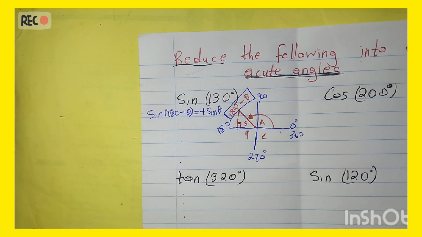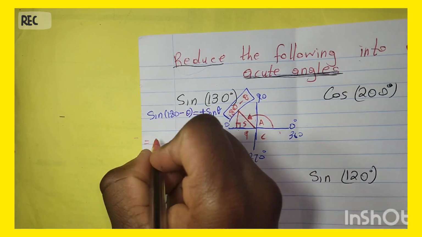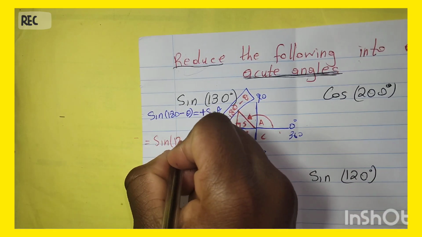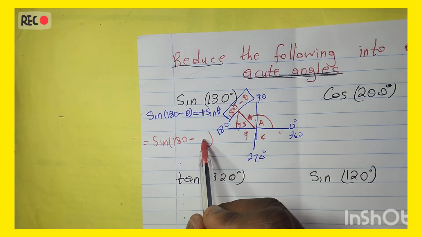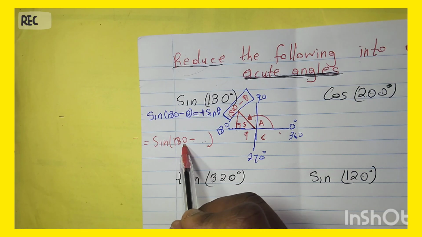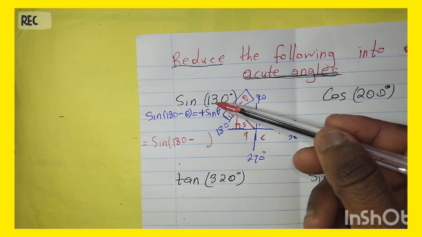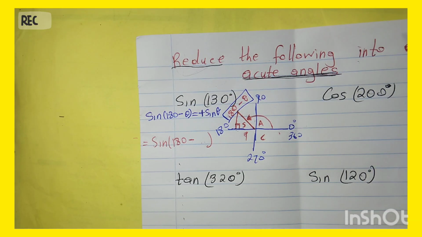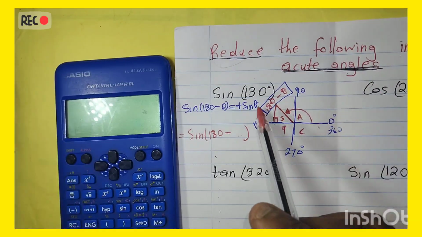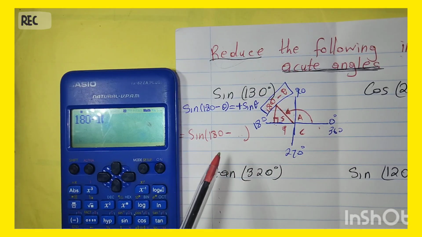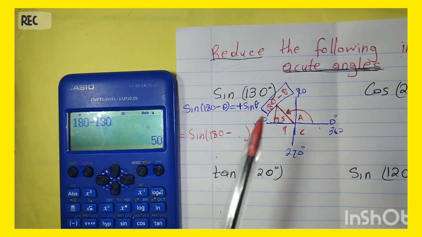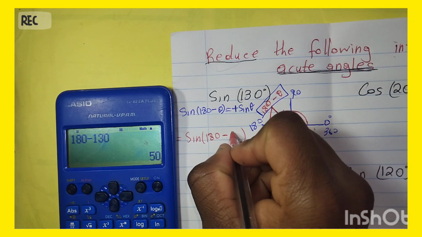So now let me answer the question. I will answer it like this. It's sine of 180 minus. Now I should find the angle that I will put here. When I subtract it from 180, I should get that 130. That angle, guys, when I subtract it from 180, I should get 130. It means 180 minus 130 is 50. So here it's 50.